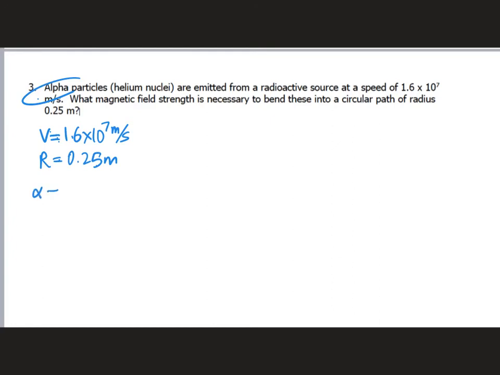So alpha particles are helium nuclei. And helium nuclei have 2 protons and 2 neutrons. What that means in this case is that the charge is twice the charge on the proton. The neutrons have no charge, but the protons have a positive 1.6 times 10 to the negative 19th coulombs.